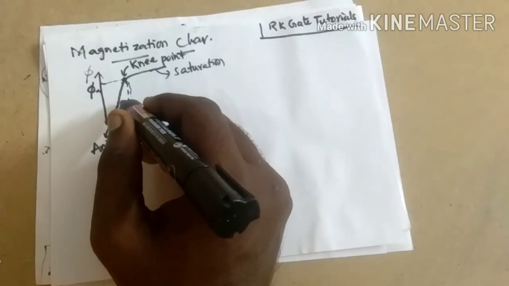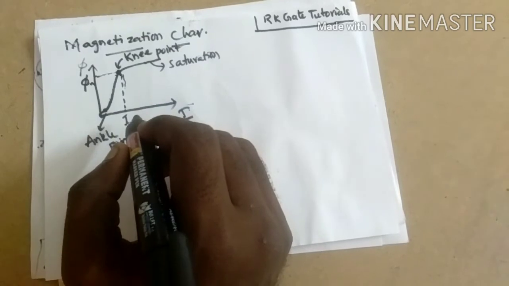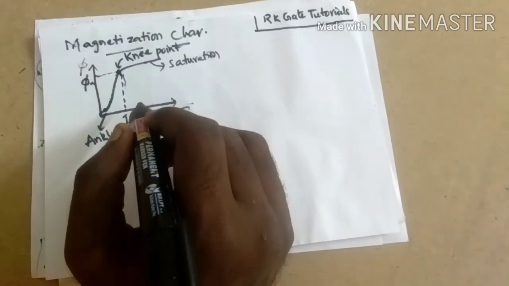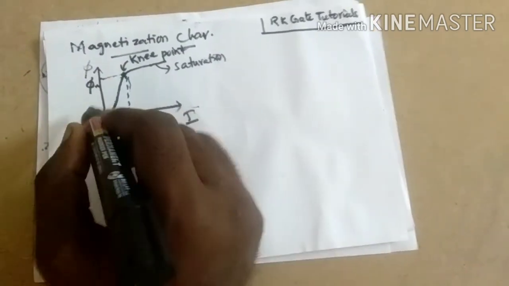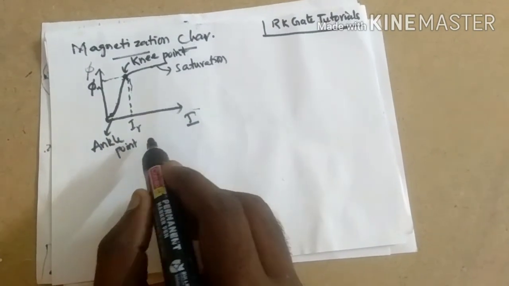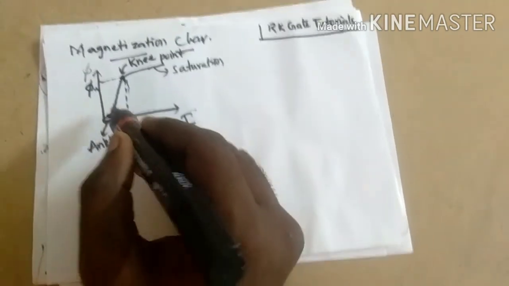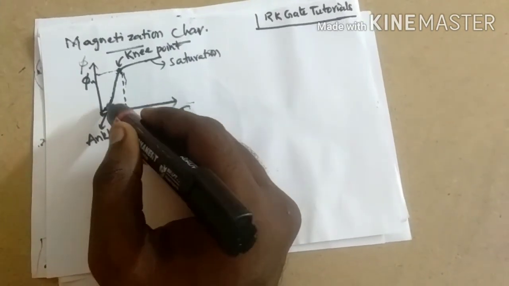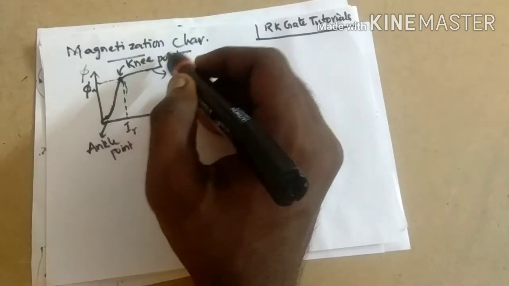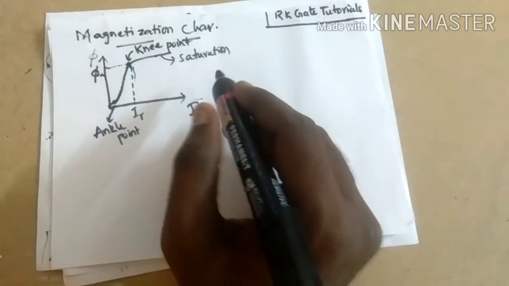It has to be read by the secondary of the transformer and by the relay, so the relay will trip the circuit. So these are the two points you have to remember. The protection CT is designed to operate at the ankle point, and the measurement CT is designed to operate at the knee point. Remember that.